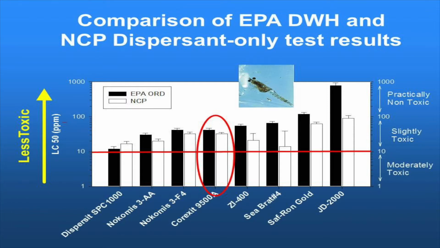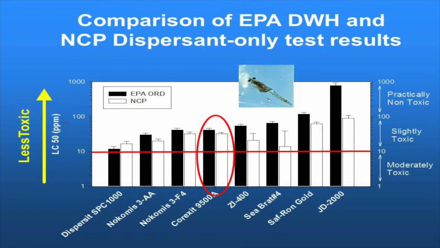And then at EPA, we use a general scale to rank chemical toxicity. You have from non-toxic to slightly toxic to moderately toxic. This is 10 parts per million, which is kind of a bright guideline. And so anything above this line is not very toxic. And you can see dispersants alone, not very toxic.